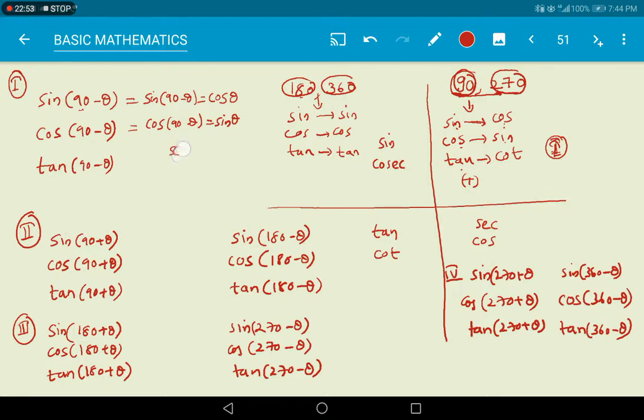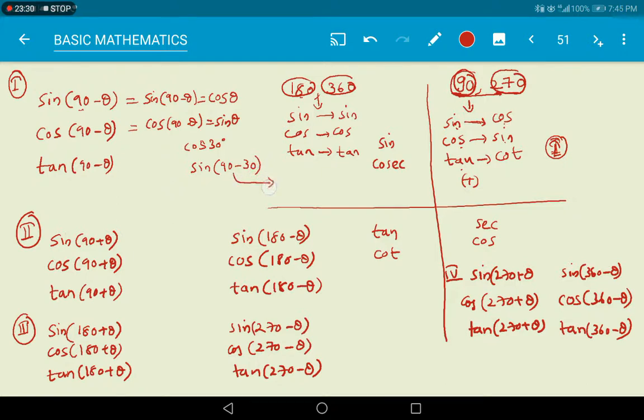So they are asking to find the value of cos 30 degree. So cos 30 degree we can write as sine of 90 minus 30.